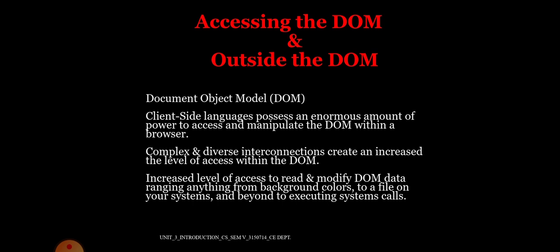HTML DOM is a standard object model and programming interface for HTML. It is used to define the HTML elements as objects, the properties of all HTML elements, the methods to access all HTML elements, and events for all HTML elements.